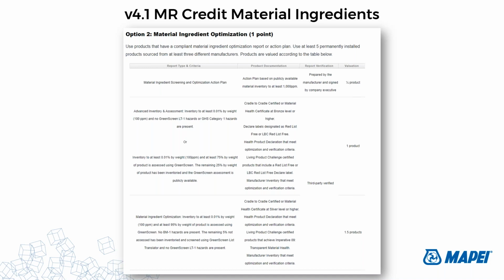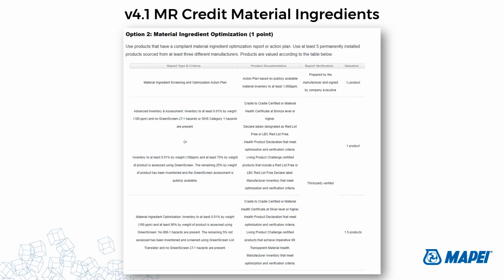There's also a new option under the material ingredient credit. Option 2 is where the material ingredient reports are optimized or assessed. This is beyond a manufacturer creating a material ingredient report. It asks manufacturers to ask themselves, how can we reduce health impacts? What are alternative ingredients that are available to reformulate our products for healthier materials?